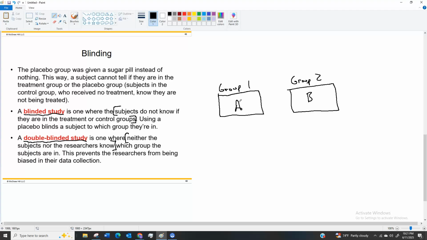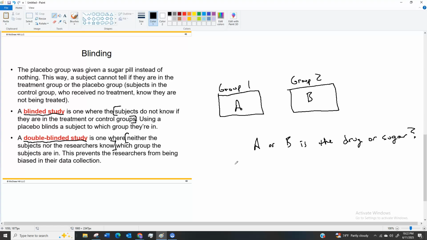But nobody actually conducting the research and gathering the data knows whether A is the actual medication or the sugar pill. So the researchers don't know whether A or B is the drug or the sugar pill. That removes bias from the researchers as well as the patients, because human beings are very apt to be biased.